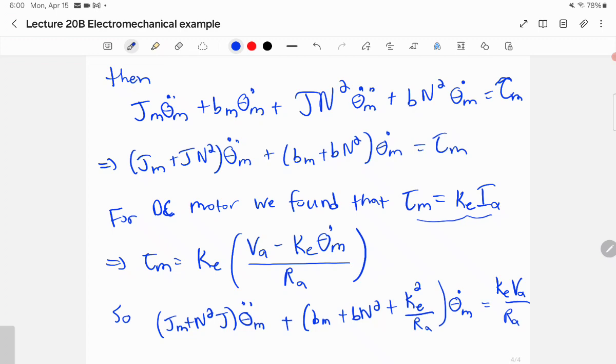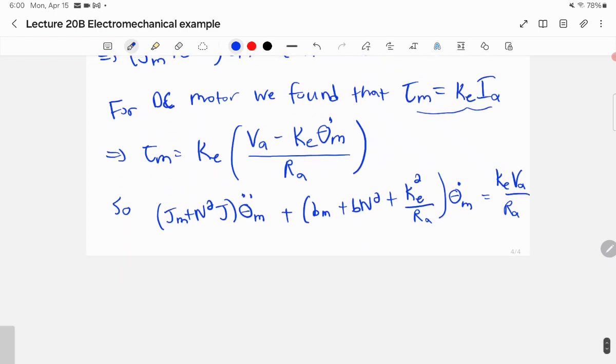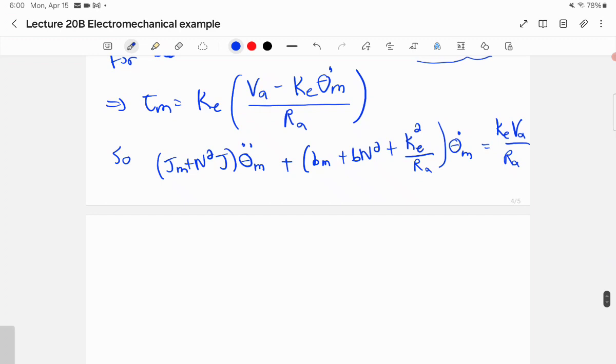And VA is obviously our input voltage here. So that's our equation for this combined system.